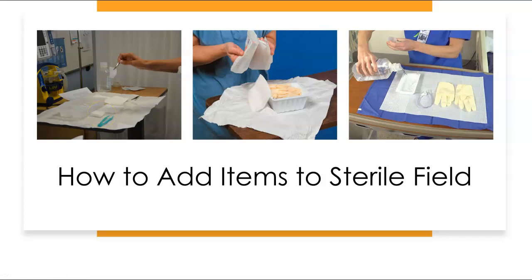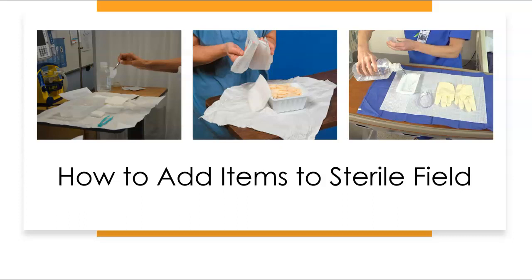Next, we can open up sterile packages and drop them on the field. So we just have to be really careful with this. Just try to drop it over the field, kind of open it not over the field, and then once you have it open, you can drop it onto the sterile field.